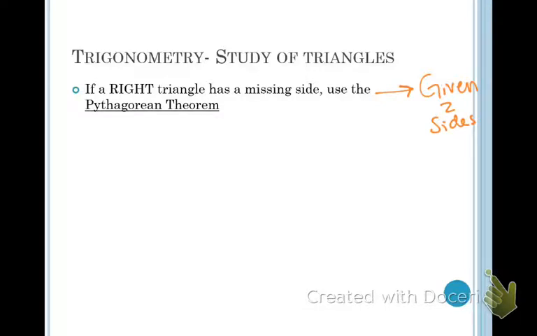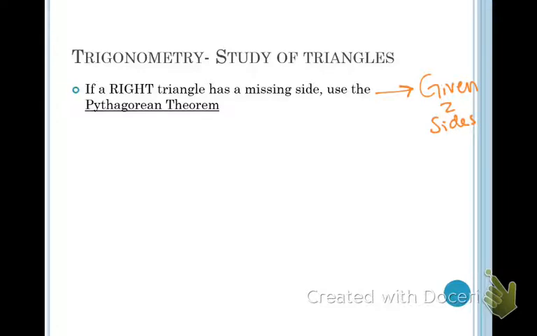So the Pythagorean theorem, you only use it for sides. You won't ever use it for angles, just sides, to find a missing side. That's the purpose of the Pythagorean theorem. You can also use it to find out if a triangle is a right triangle. But will you ever plug an angle into a squared plus b squared equals c squared? No, only a side length.